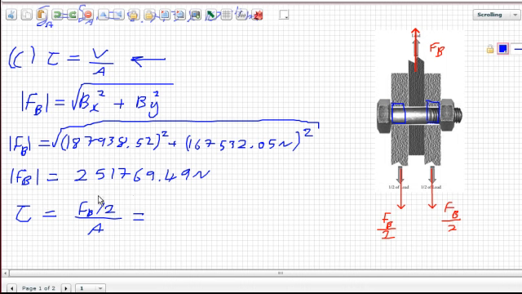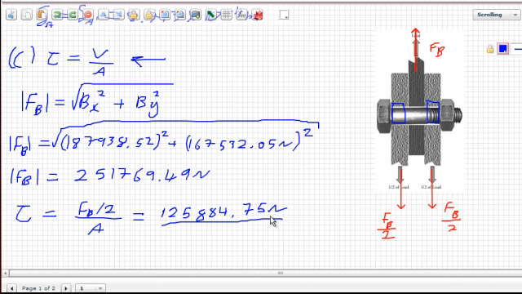So once you take Fb divided by 2, you should get 125,884.75 newtons.